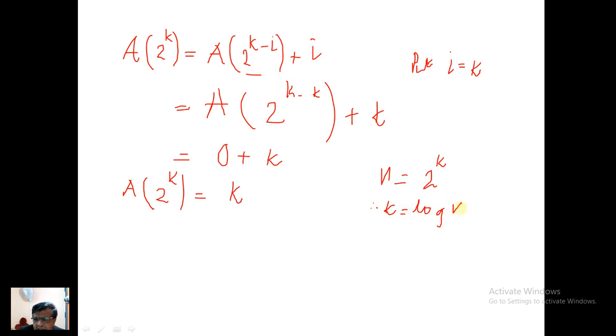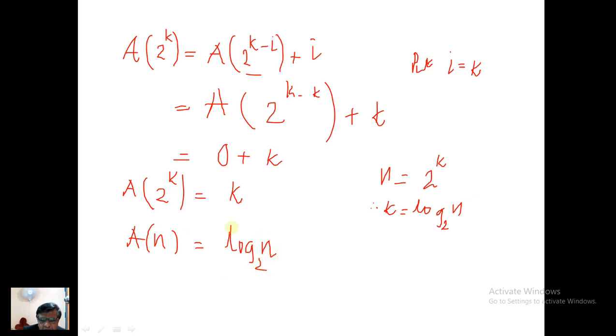Listeners are supposed to go through the basic foundations of mathematics, wherein logarithmic functions are discussed. This is called the base exchange formula: if n equals 2 to the power of k, then k equals log 2 of n. Therefore, I will substitute over here a of n once again, because 2 to the power of k is replaced by n, and k will be replaced by log 2 of n.